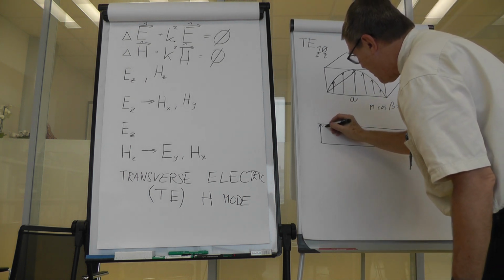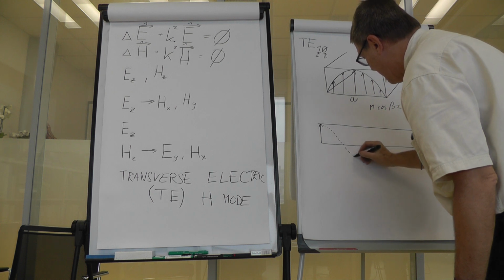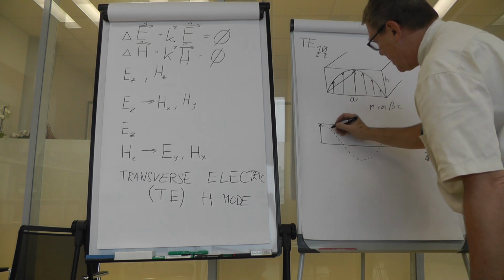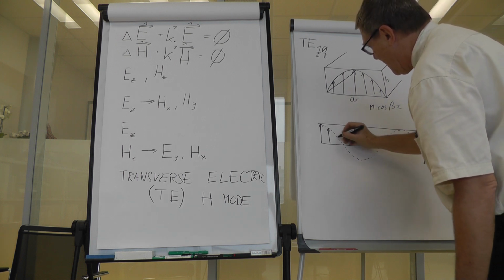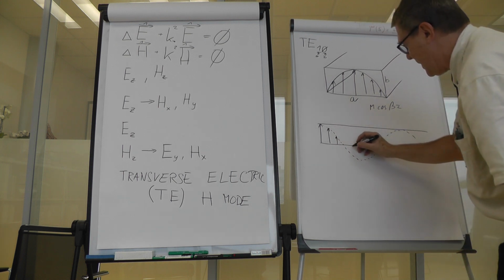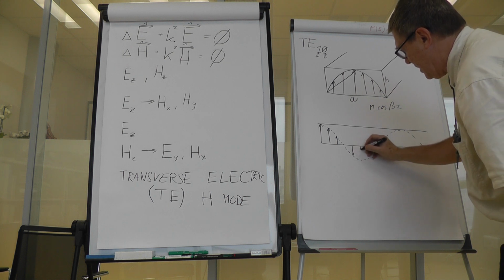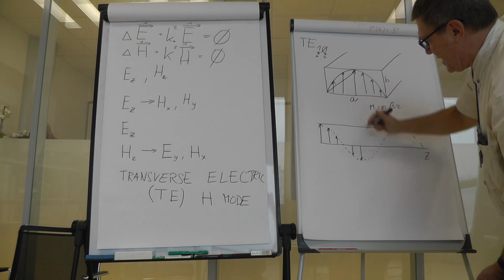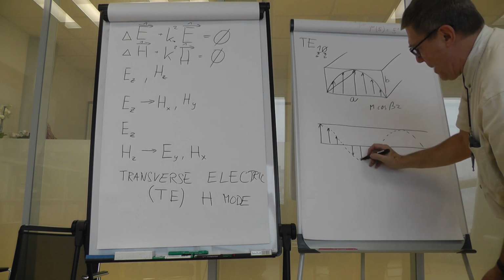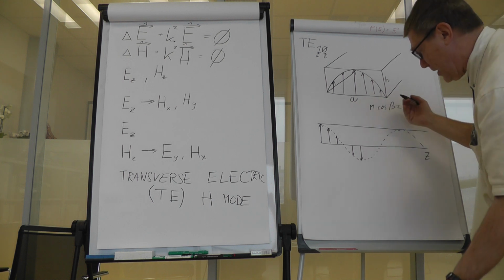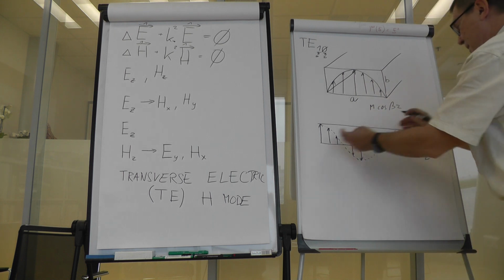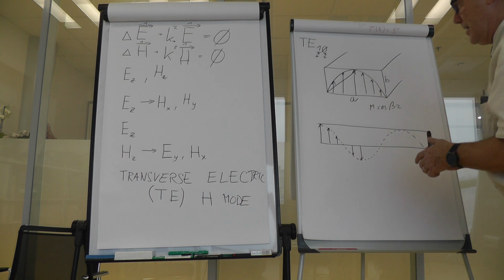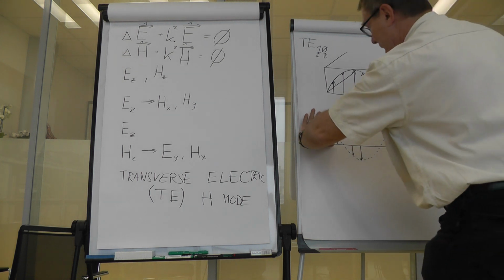So in fact we would have the field like this. Just 1/2 wavelength from this place at this time we would have the same magnitude of the electric field but opposite sign. And this would repeat along the waveguide.